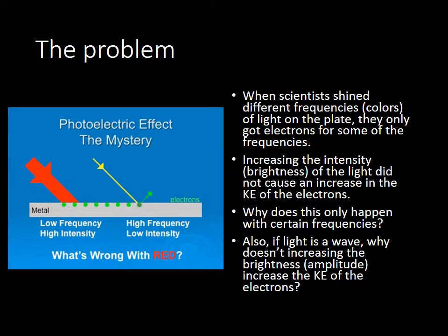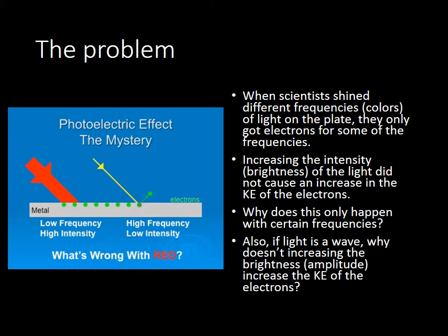What happened was that when they increased the intensity of the light, there was no increase in the kinetic energy of the electrons. No matter how bright your red light was, none of the electrons came off. And if you were getting a current with purple light, you didn't get more kinetic energy on your electrons from putting more purple light on it.